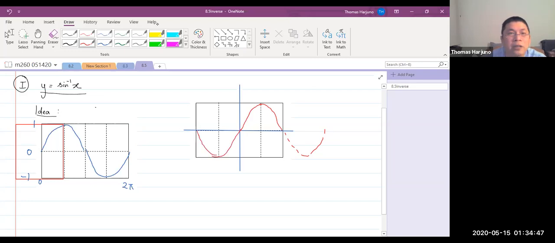Now, I said that I will restrict the sine function to between negative pi over 2 and pi over 2. Between negative pi over 2 and pi over 2, the sine function is one-to-one.